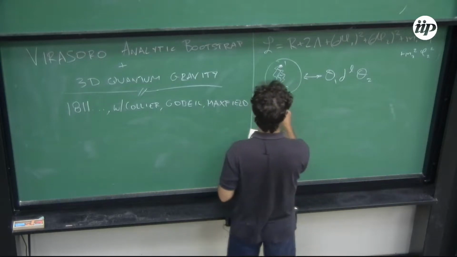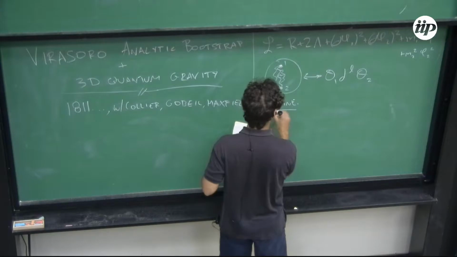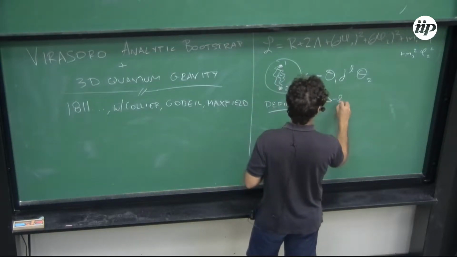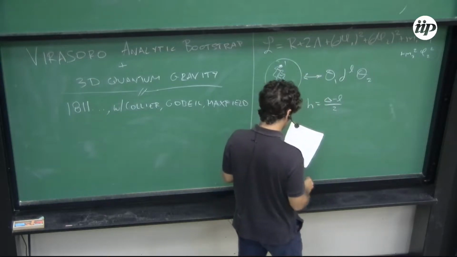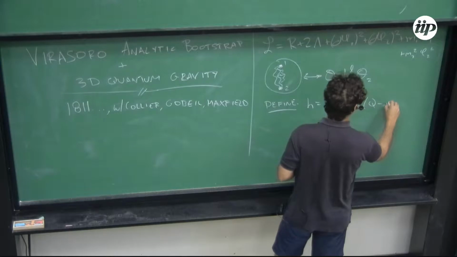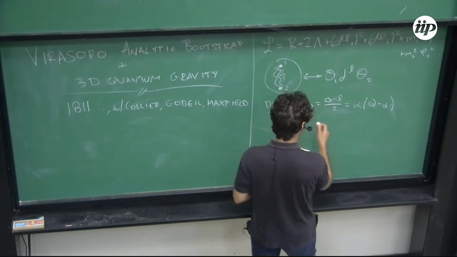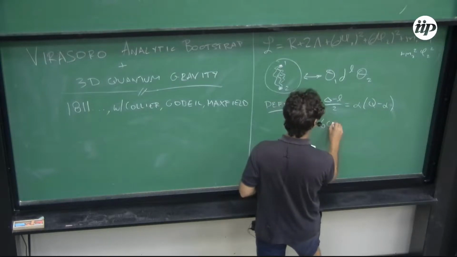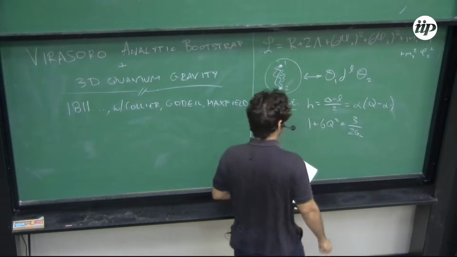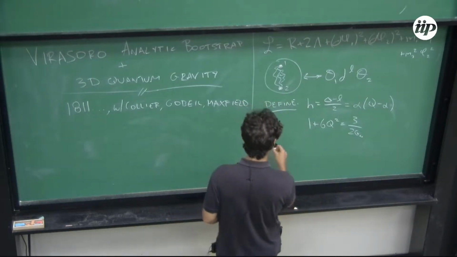So if we just introduce a few definitions, then we can write down the answer. So if we define h to be the dimension minus the spin over 2, and we further define this in terms of some variables alpha and q, and alpha is just defined like this, and q will be defined in terms of G Newton, then the answer is the following.